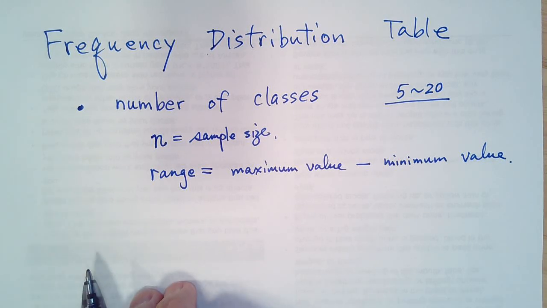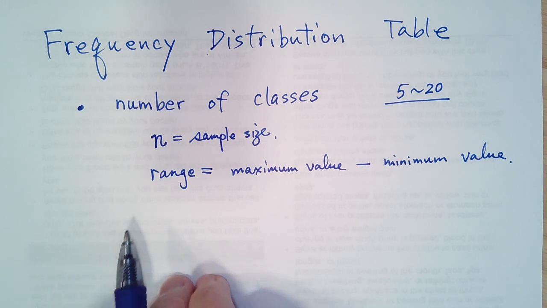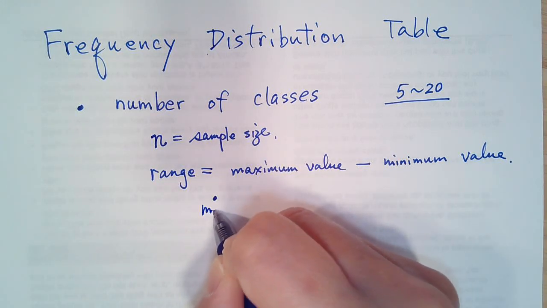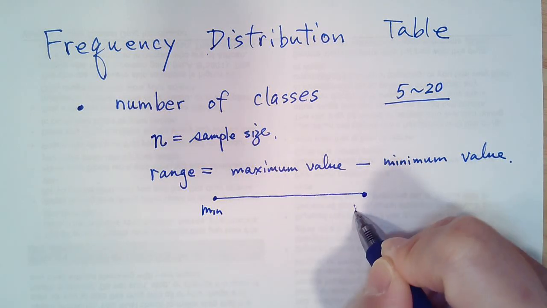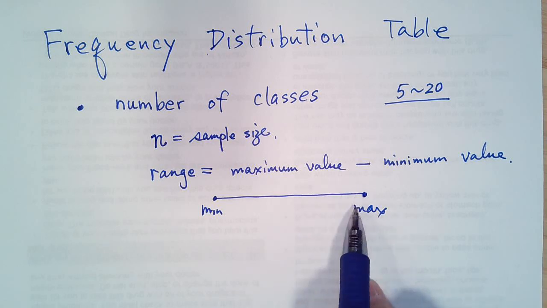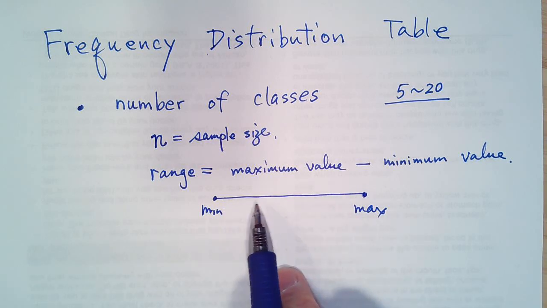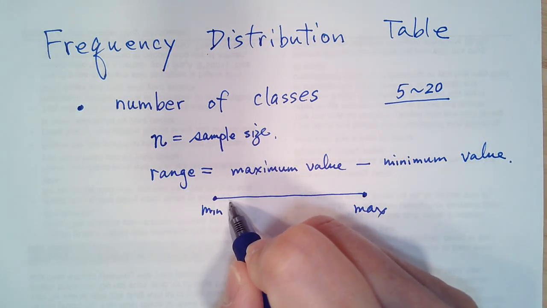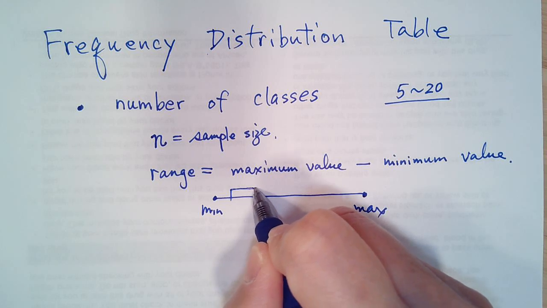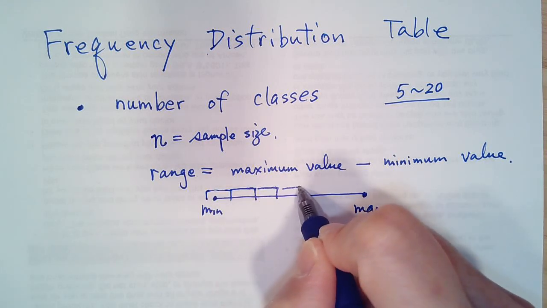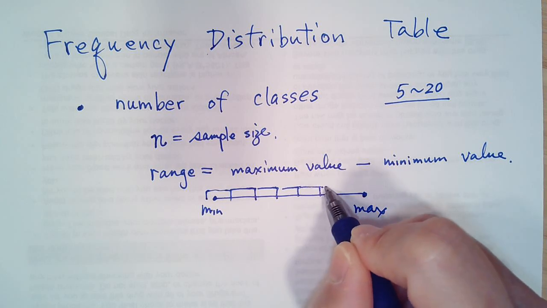Now we are going to think: from the minimum to the maximum, I try to break that into several groups or several classes, and I want each class to have the same width or same length. So I might have from here to here as a class, and maybe here is another class. Each class has the same width.